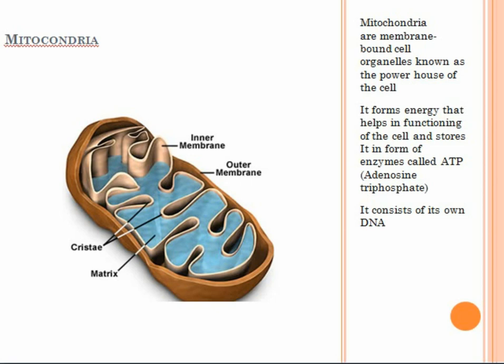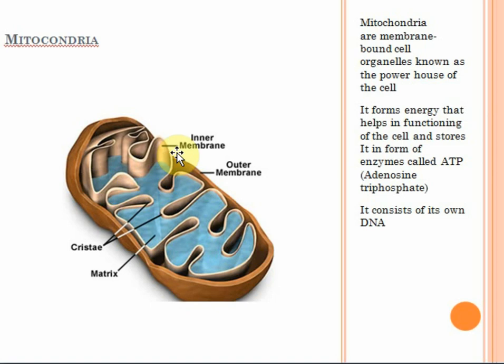Now, what are mitochondria? Mitochondria are membrane bounded organelles known as the powerhouse of the cell. Now, why is it called the powerhouse of the cell? Because it forms energy that helps in functioning of the cell and stores it in the form of ATP, meaning adenosine triphosphate.